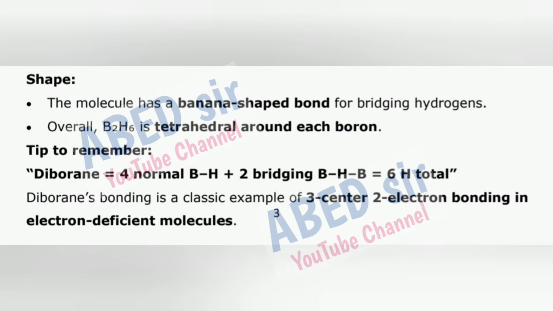Overall, B₂H₆ is tetrahedral around each boron. Tip to remember: Diborane equals 4 normal B–H plus 2 bridging B–H–B, 6H total. Diborane's bonding is a classic example of 3-center 2-electron bonding in electron-deficient molecules.